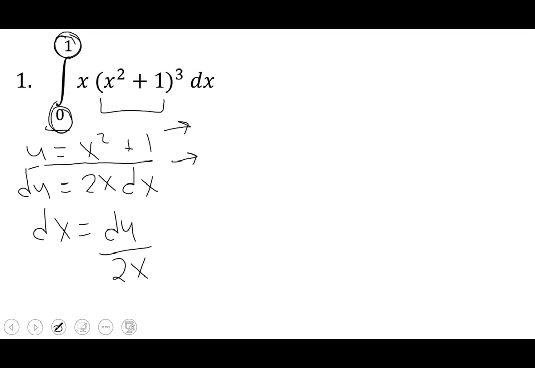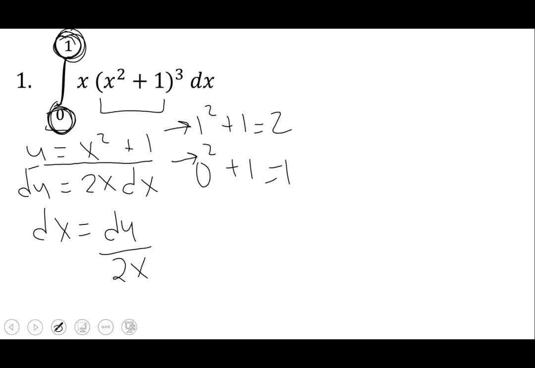So if u equals x squared plus 1, and we plug in the upper bound, which is 1, that is going to give us 1 squared plus 1, which is 2. If we then plug in the lower limit of integration, which is 0, that is going to give us 0 squared plus 1, which is 1.